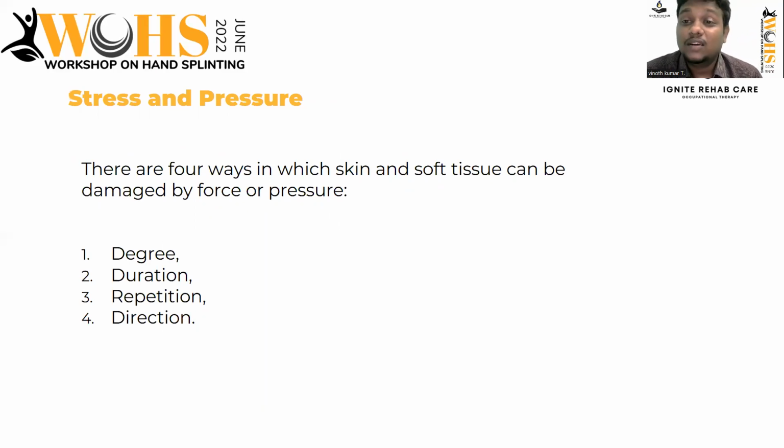So what not to do, you should know when you're fabricating or designing a splint. These are some of the things you should consider so as not to affect your patient, and to increase the comfort of the patient. One is degree and duration of pressure, repetition of stress, and direction of stress or pressure. Okay, we'll read it in detail now.